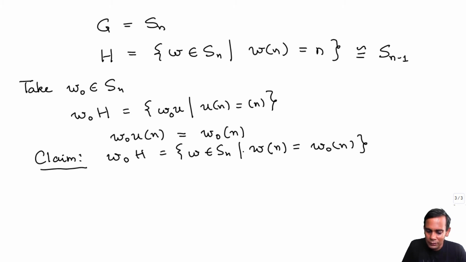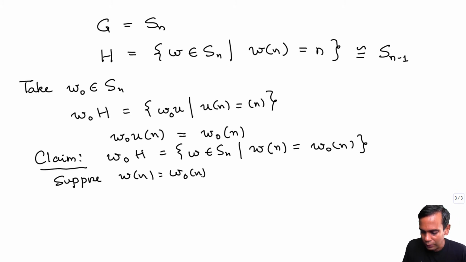To see the converse, we just need to say that suppose w(n) is equal to w0(n). Then we ask, is w of the form w0 times u, where u takes n to n? And so we just have to find this element u, and if you think about it a bit, you'll probably come up with the same answer as me.